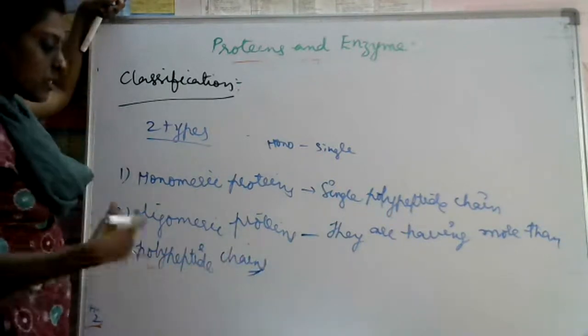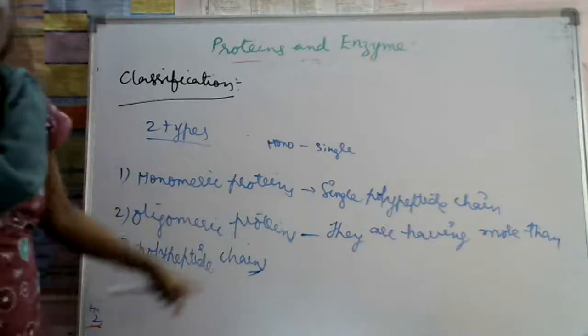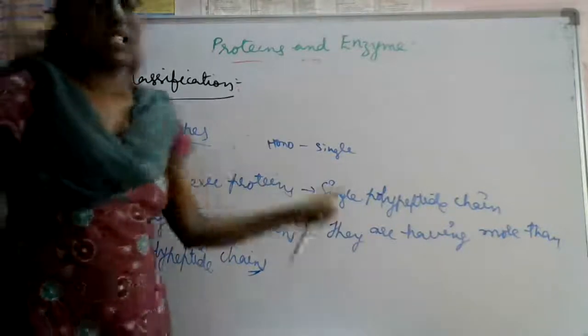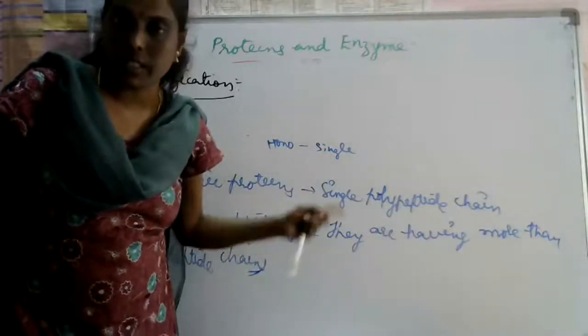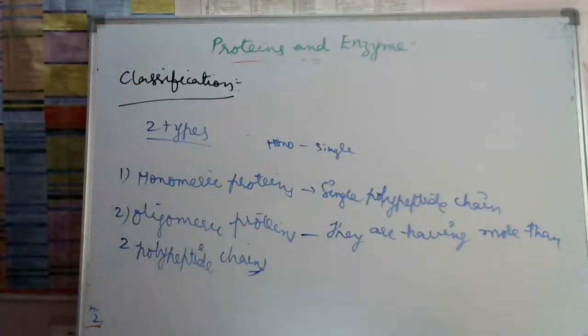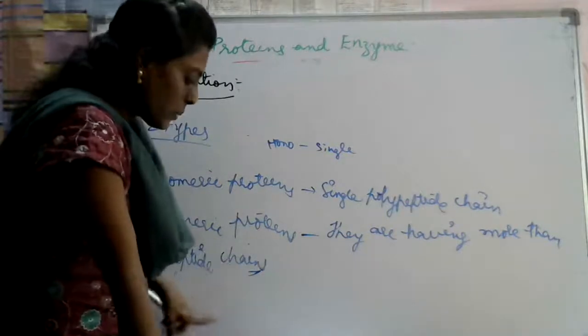This is called oligomeric proteins. Monomer means a single polypeptide chain is present, and what about oligomeric proteins? They are having more than two polypeptide chains, then it is called an oligomeric protein.